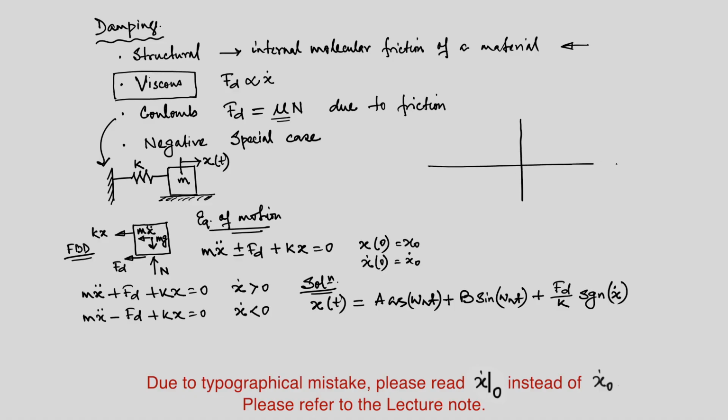If we draw the signum function, it will be plus 1 or minus 1, and at 0, it will also have 0 value.